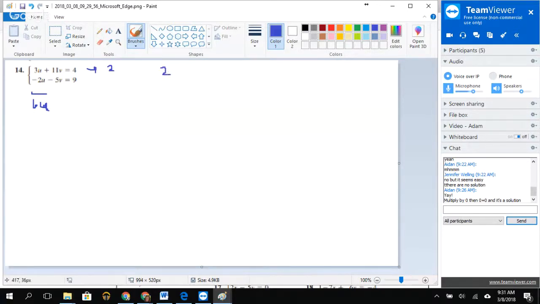So the top equation is going to be 2 times 3u plus 11v equals 2 times 4. So if I simplify my top equation, it becomes 6u plus 22v equals 8.